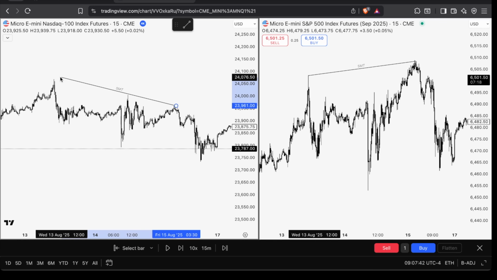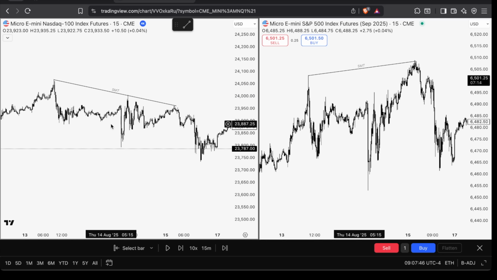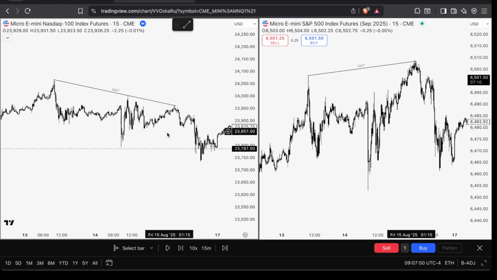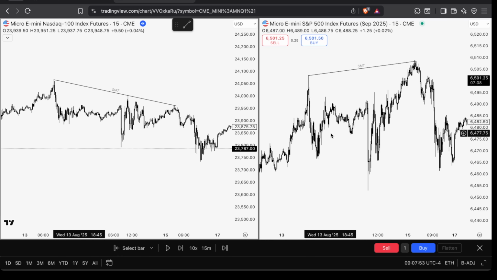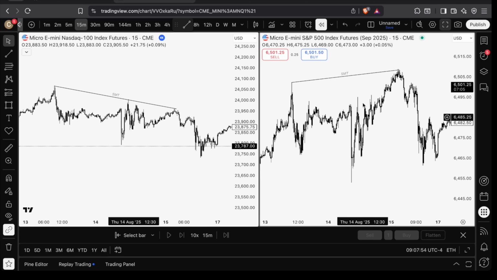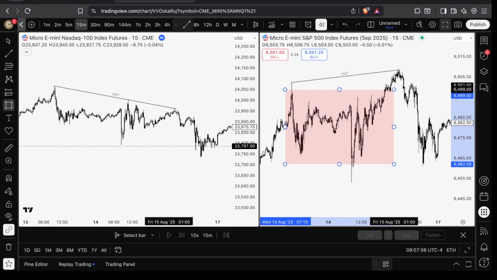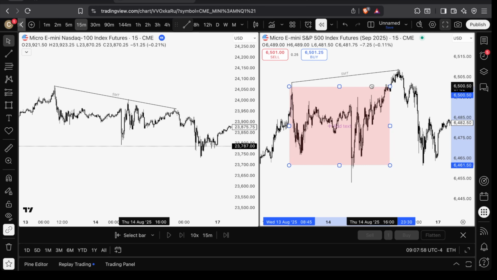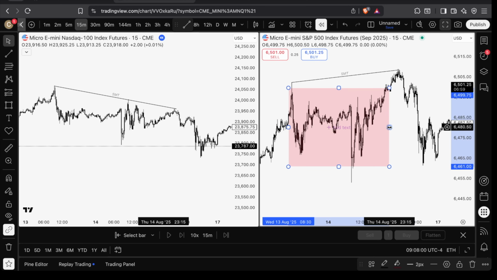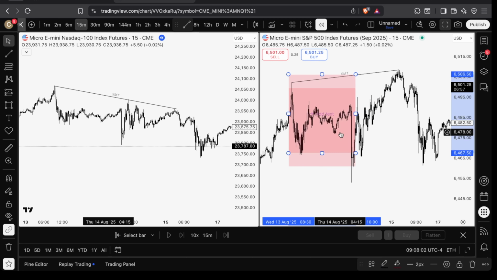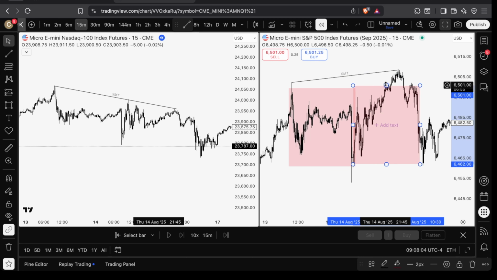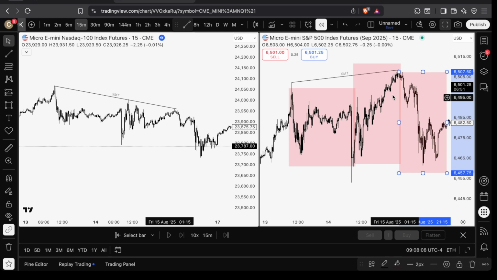So we create an SMT, and on Nasdaq it is hard to see, but on the ES, what we can see is all of this is accumulation, right? All of this is accumulation, manipulation, and distribution.